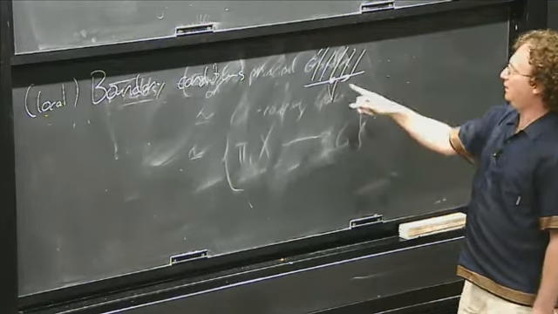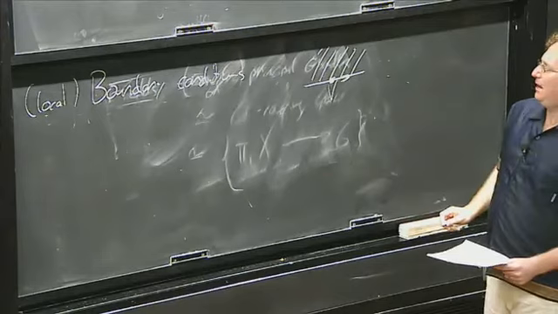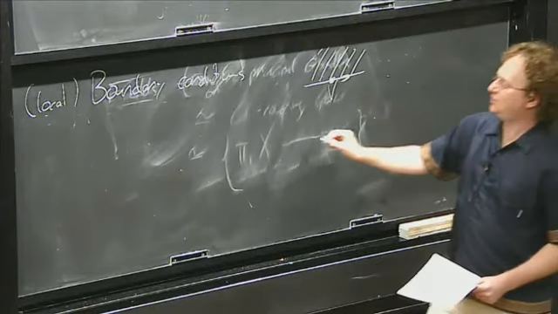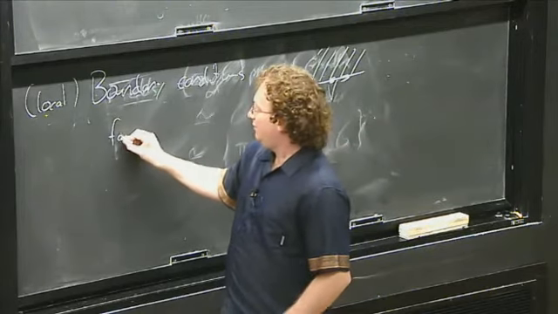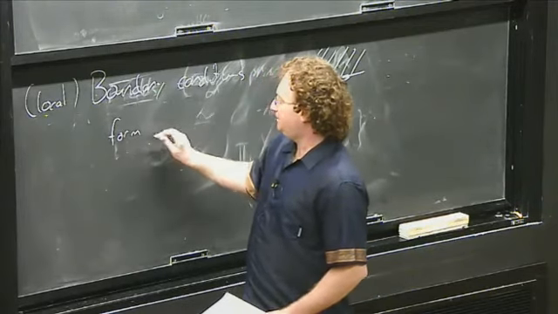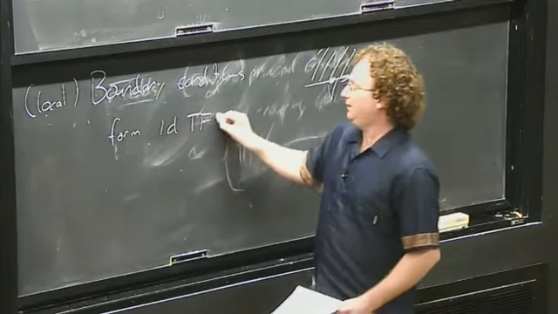vector space moving along. So why am I saying vector space? Because if I think of a boundary condition, these local boundary conditions themselves would form one-dimensional topological field theories in the sense we had before.